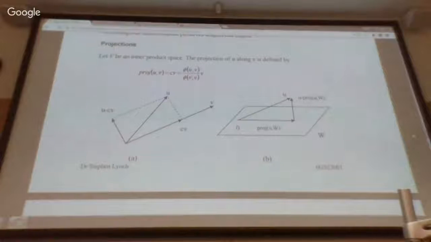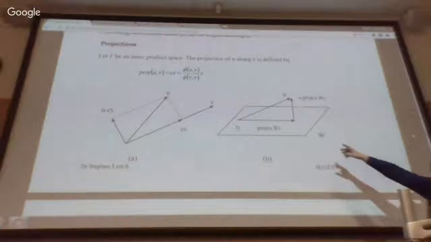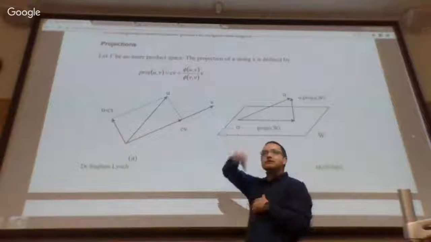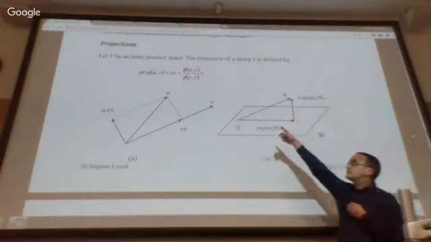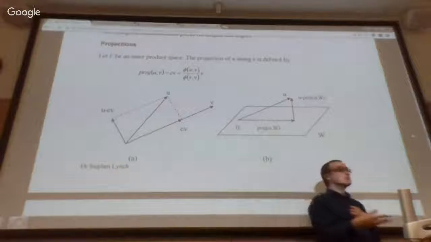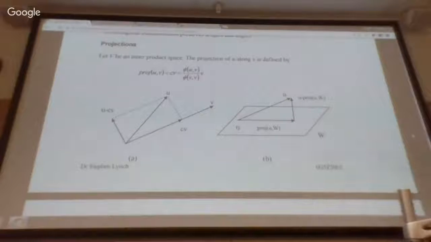As long as we're in a vector space which has an inner product, we can talk about projections like this. And when you replace the vector space with the familiar 2 or 3 dimensional Euclidean vector space, and replace the inner product with the dot product, it becomes exactly the familiar geometric relations you already know between 2 and 3 dimensional vectors and the dot product. But this is its more general description.